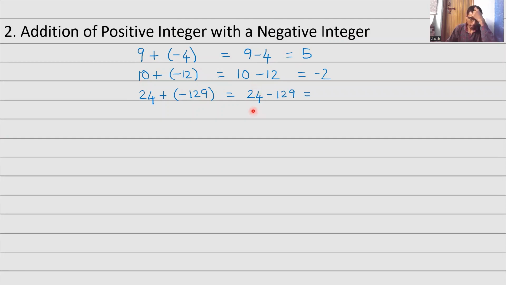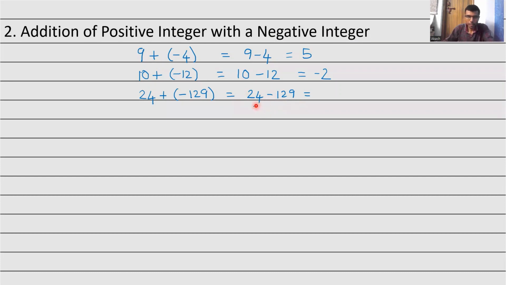See, again, I'm repeating: the concept is to bring it into subtraction in this one. Try to rearrange and get it like this so that you are more comfortable. Now 24 minus 129. Out of these two, which is bigger? Obviously 129. So the final answer is going to have minus.